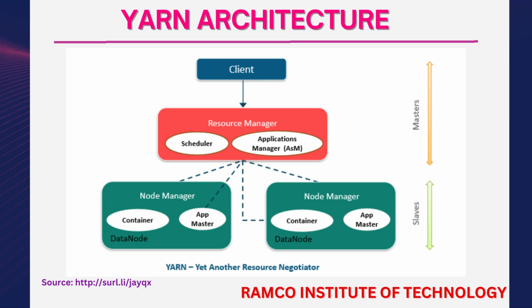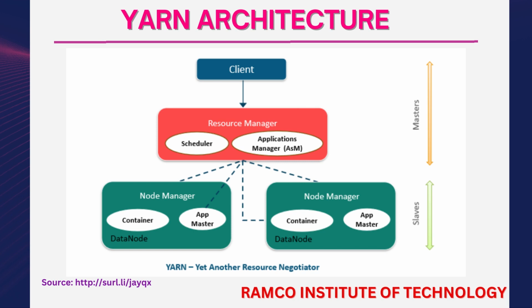So that's all about the working of the Yarn architecture. The resource manager is responsible for allocating the resources, and a container is allocated by the resource manager, and this container works along with the application master. The node manager contains the container.